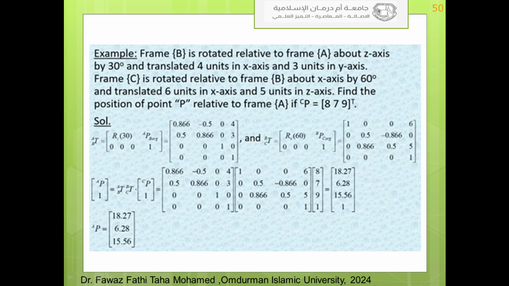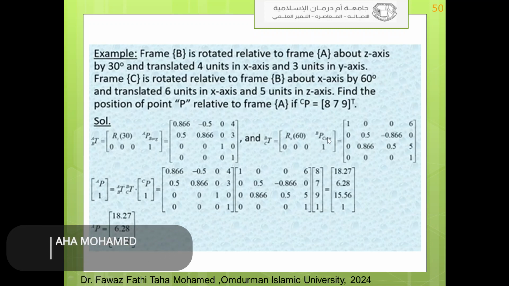Here a new example for this compound frame. Frame B is rotated relative to frame A about the z-axis by 30 degrees, and translated 4 units in the x-axis and 3 units in the y-axis.